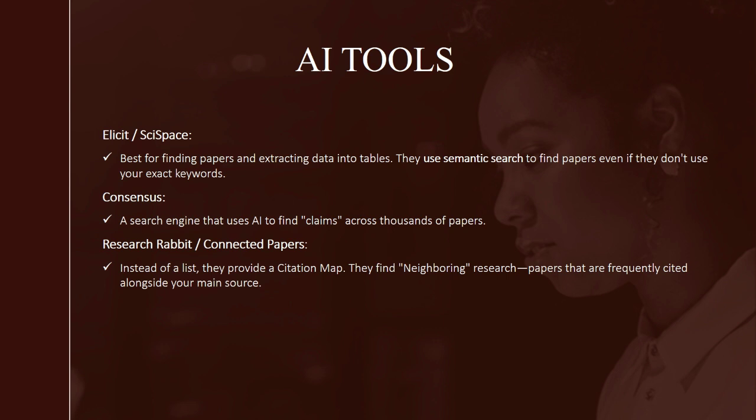And then Research Rabbit or Connected Papers, these ones work almost the same. Usually when you search in a database, you get a list. Instead of getting a list, they provide a citation map, which is more like finding neighboring research papers that are frequently cited alongside the one that you looked for.